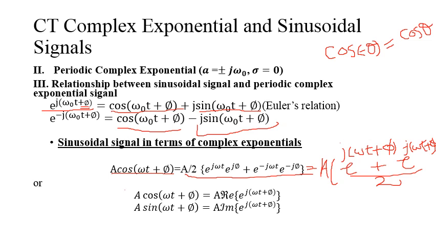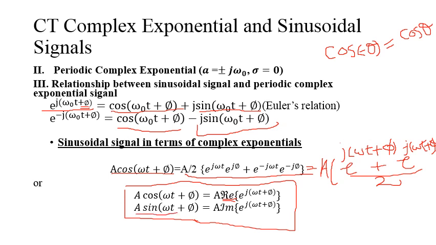So based on these arguments, because a complex exponential signal equals real part plus imaginary part, if we have cos(omega t plus phi), we can say cos is basically the real part of this complex exponential.